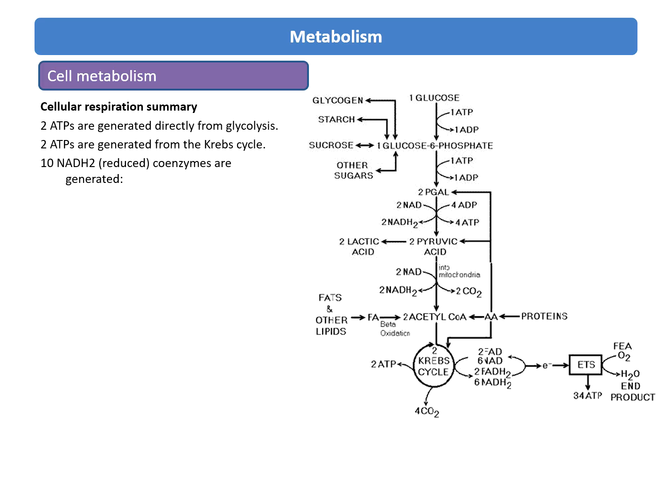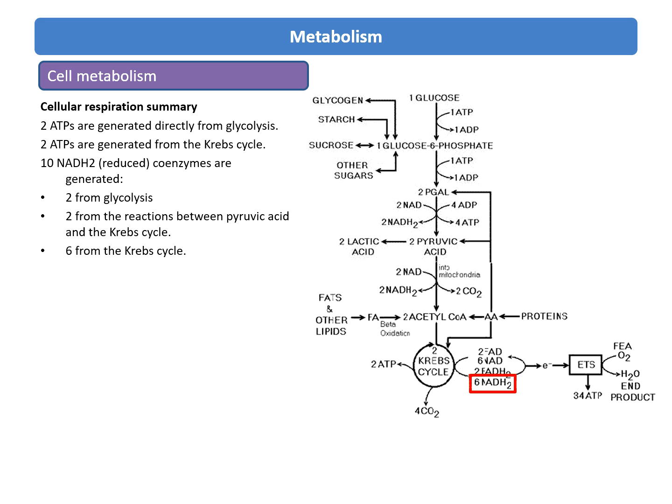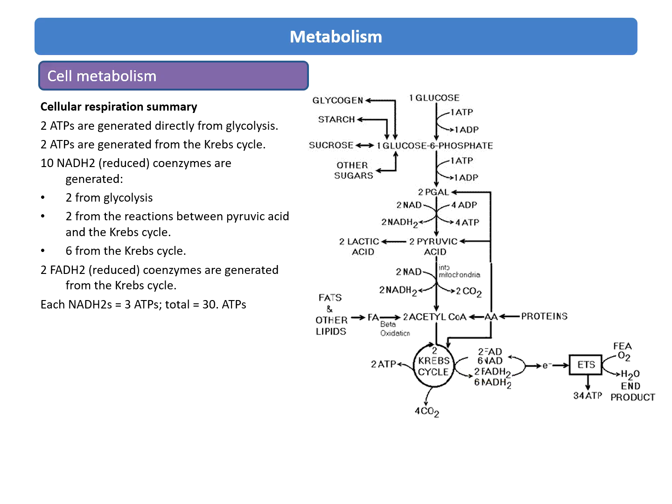These are the reduced form of the coenzymes. 2 come from the glycolysis step, and 2 from the step between pyruvic acid and acetyl-CoA, and 6 from the Krebs cycle. 2 FADH2s. These are in the reduced form as well. These coenzymes are generated from the Krebs cycle.